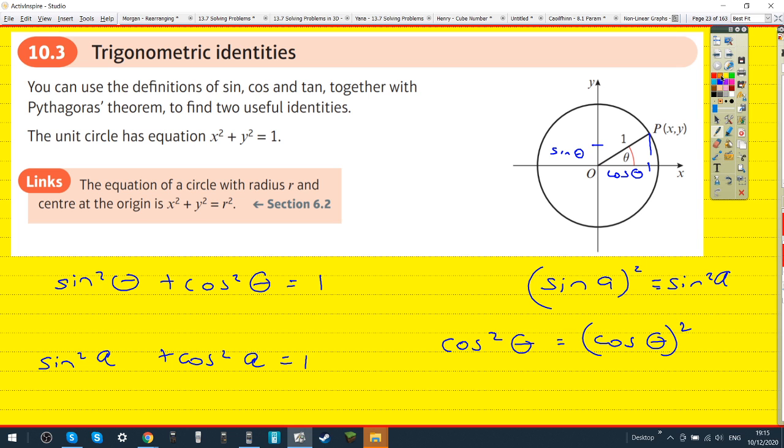And so what would be the square root of cos theta squared? What happens with square root and square? They cancel out. And so what are you left with? Cos theta. Yes. And so you're left with just cos theta in this case.